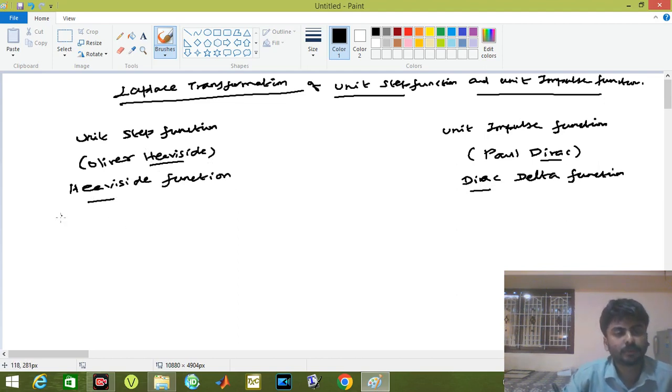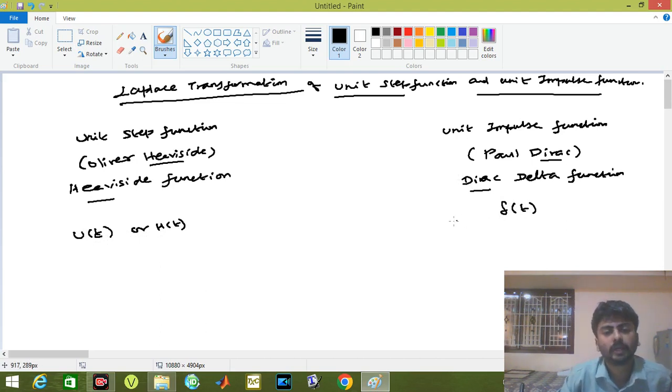These unit step functions will be u of t in general or h of t. Here the Dirac delta function will be delta of t. Okay, some cases we will have a shift from t to t minus a. So for that we are defining the functions, since they are very useful in solving the problems in engineering.